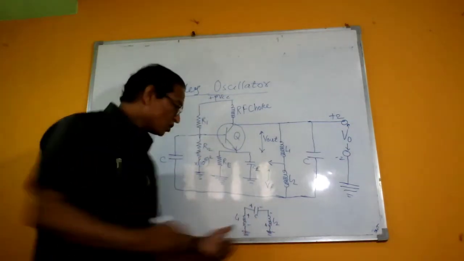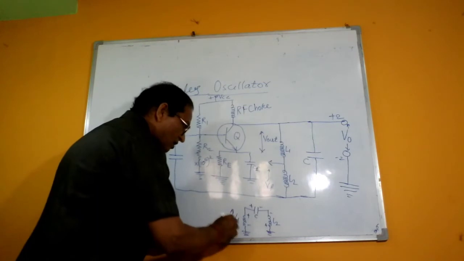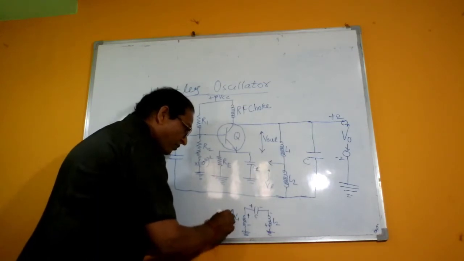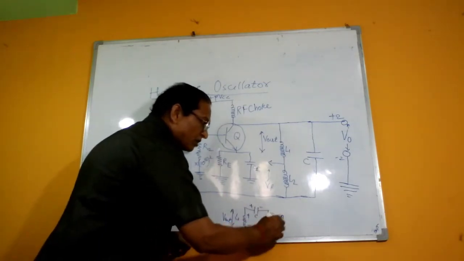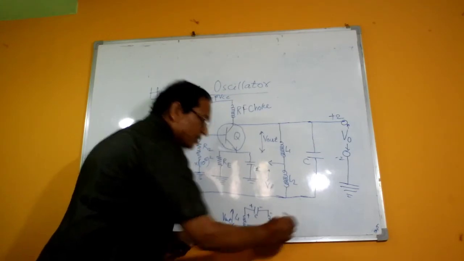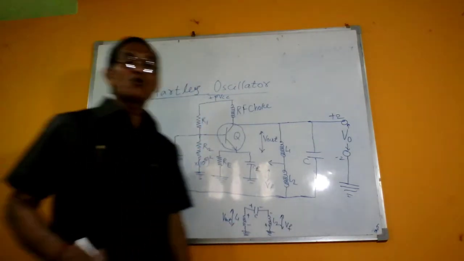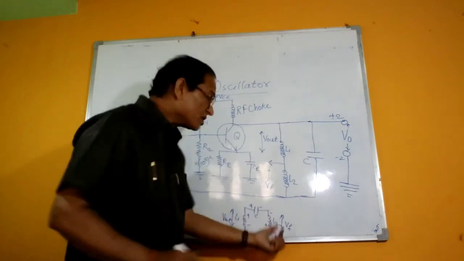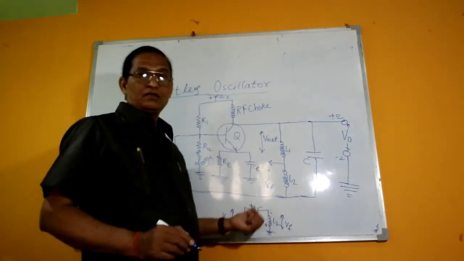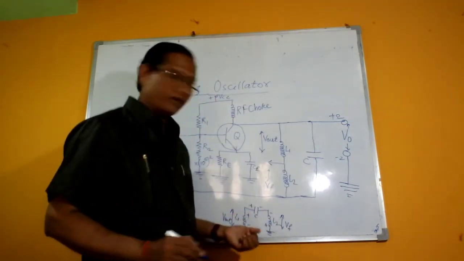The voltage developed across this one is the output voltage V out, whereas the voltage developed across the other is the feedback voltage VF, which is out of phase as compared to the voltage across L1.